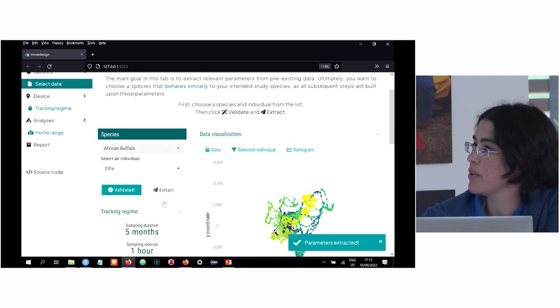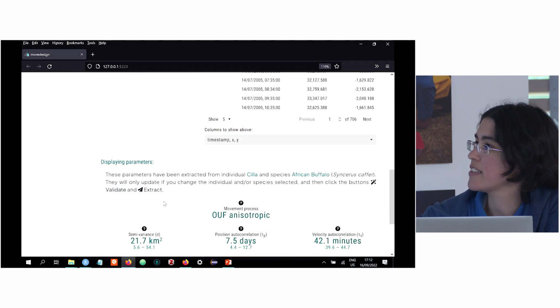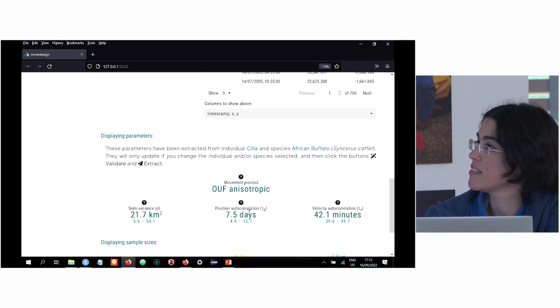And then you extract. So if you go down, once you extract, you can see the parameters that have been extracted from this individual from this species. So we know the semi-variance associated with this individual, and the confidence intervals as well, the position autocorrelation, and the velocity autocorrelation.